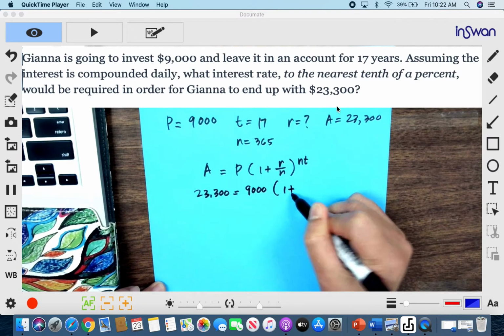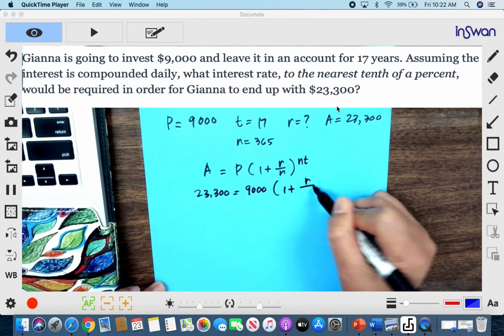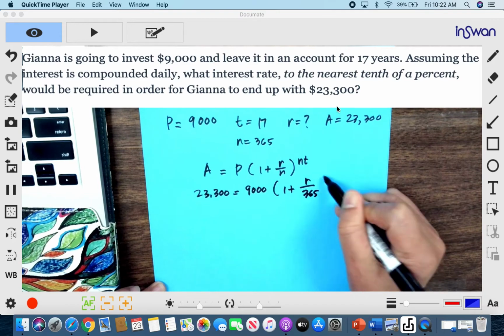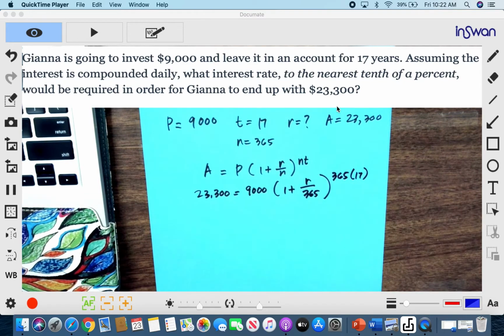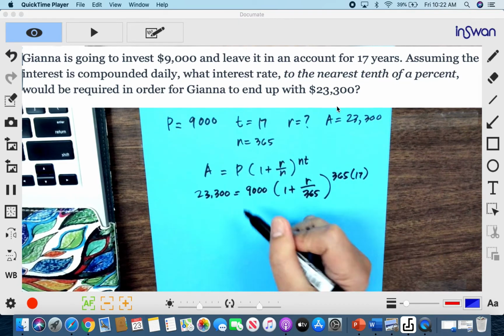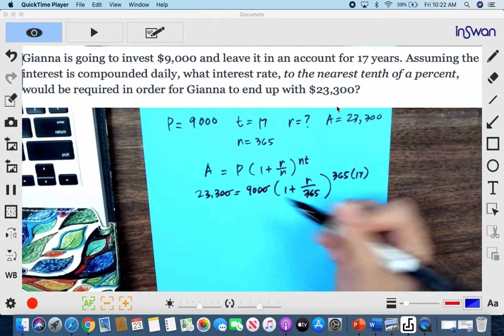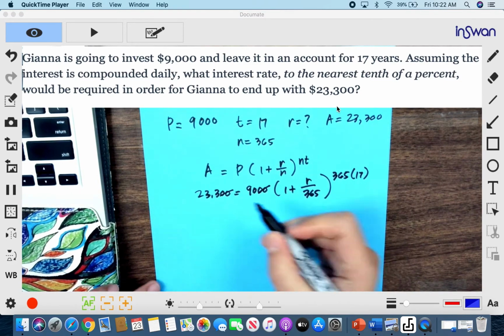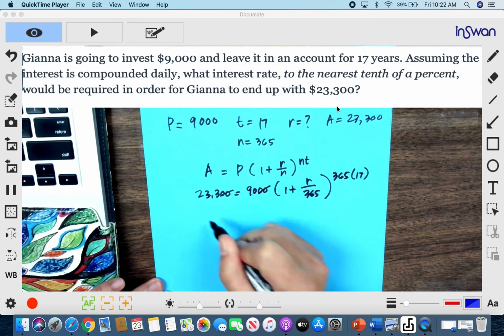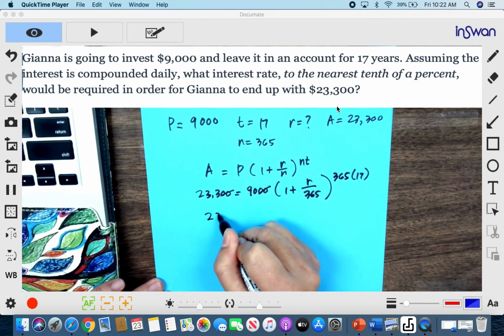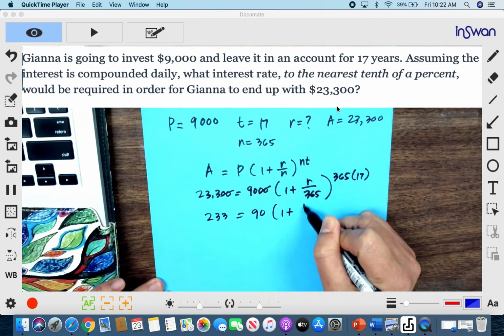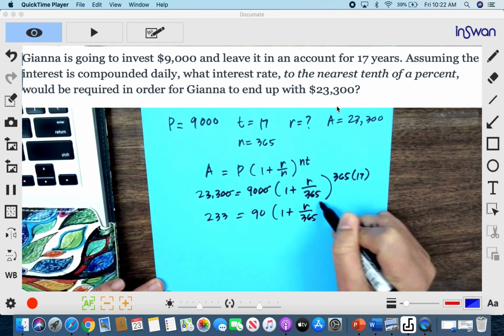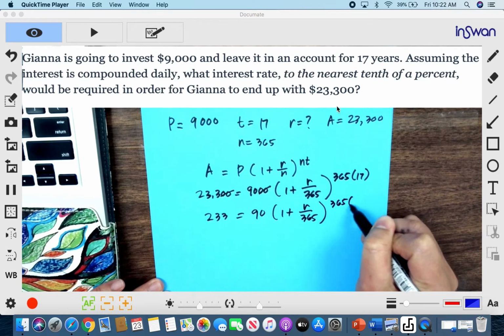So 1 plus our R is unknown over 365 raised to 365 times 17. Now, when we're using calculator, it's best to reduce our equation because right here, you can actually reduce 23,300 and 9,000 to just 233 and 90. 1 plus R over 365 raised to 365 times 17.